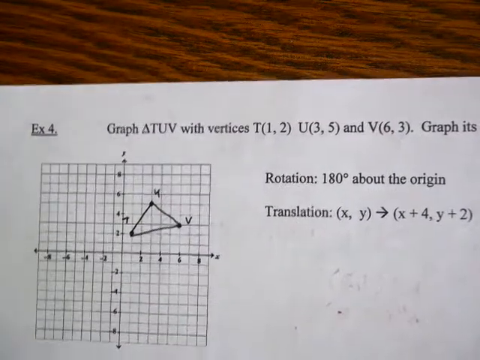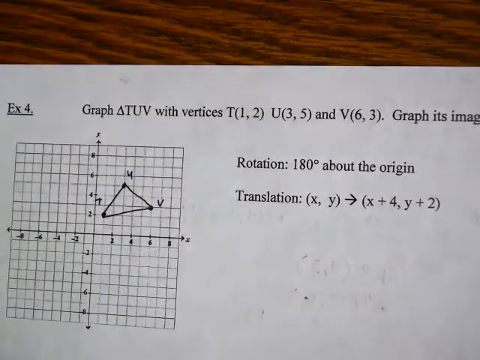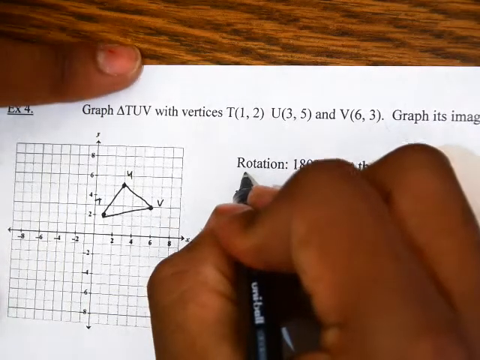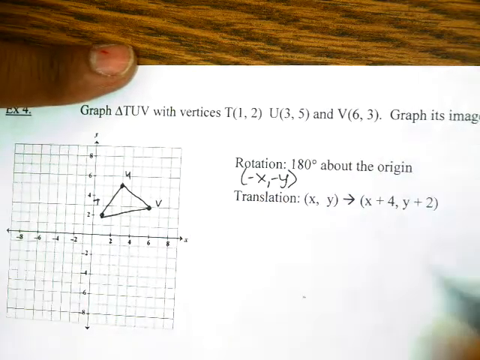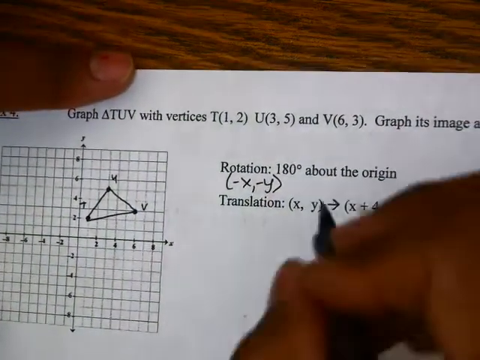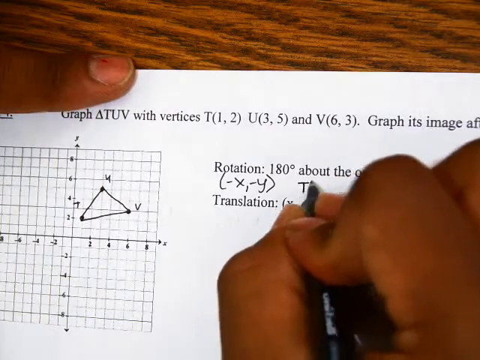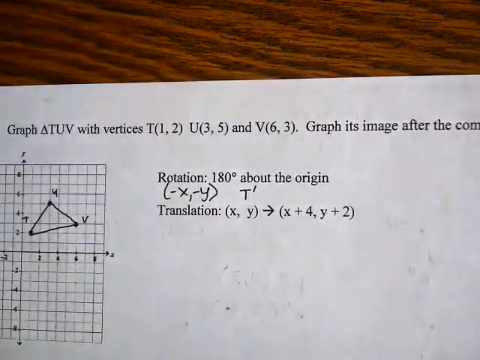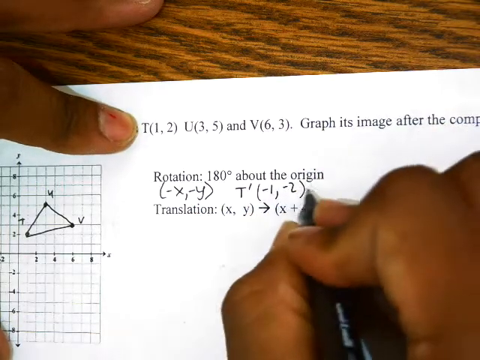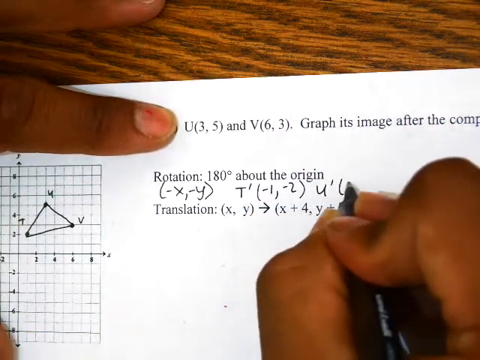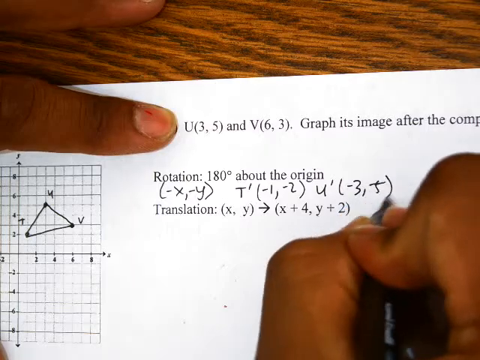Okay, so the first thing we were asked to do with this triangle was rotate it 180 degrees around the origin. So we need to remember the rule for rotating 180 degrees is negative x, negative y. We just change the signs on our x and our y. So T prime would be negative 1, negative 2. U prime would be negative 3, negative 5.